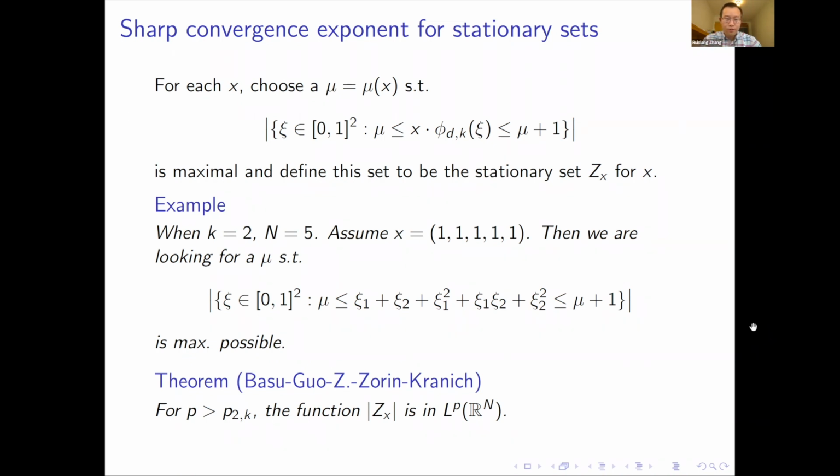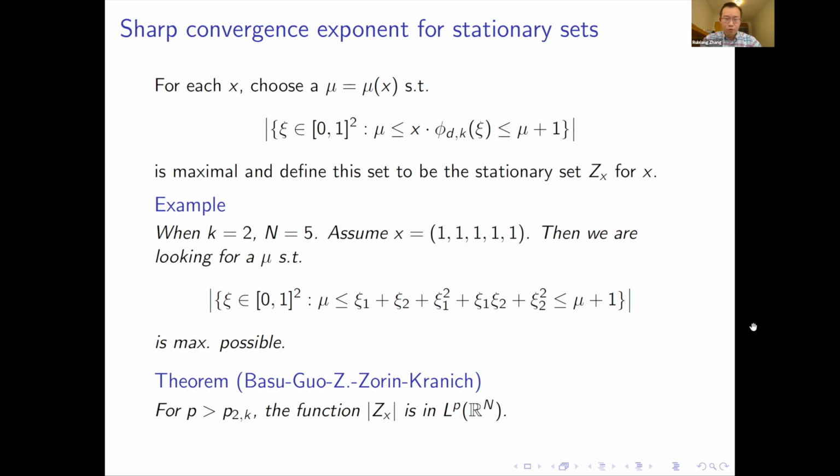For example, when k is equal to 2 and the dimension is also equal to 2, you have the total dimension for the surface to be 5, and then this surface is a 2-dimensional surface in R^5. And assuming you're looking at E of 1 at the point (1, 1, 1, 1, 1), because the point has 5 coordinates, then what's the corresponding stationary set?